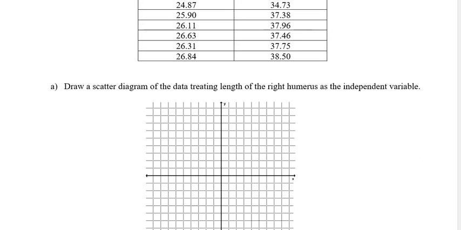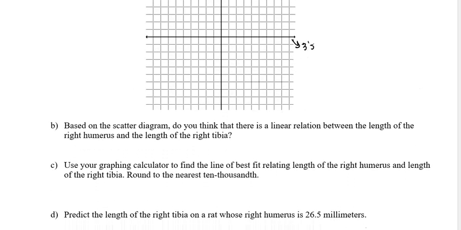But overall, when you're done, these points are clustered pretty closely together up in quadrant 1. Based on the scatter diagram, you should see a linear relationship. The points should trend in a positive slope line.